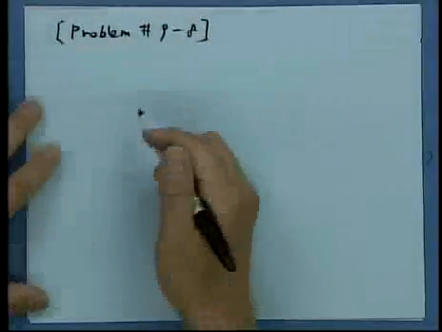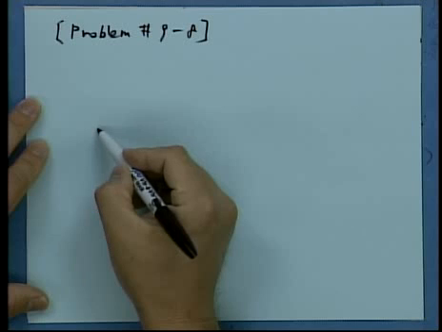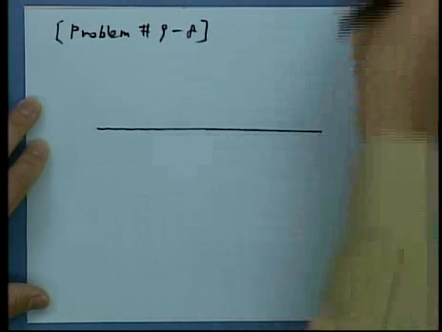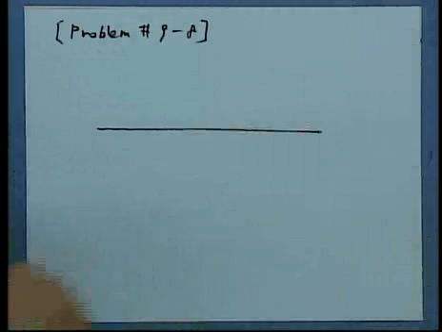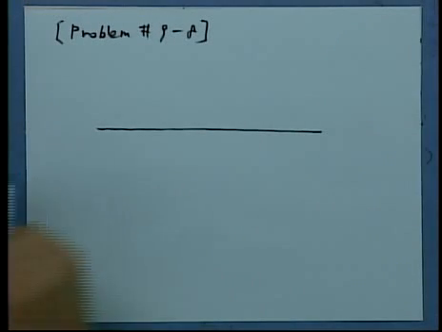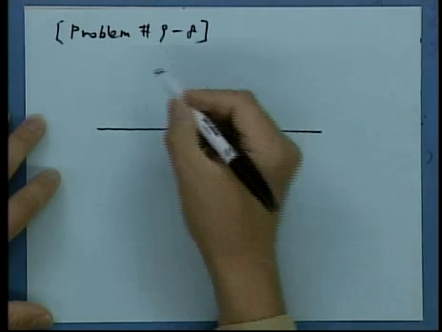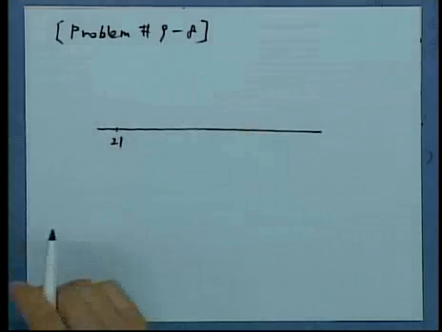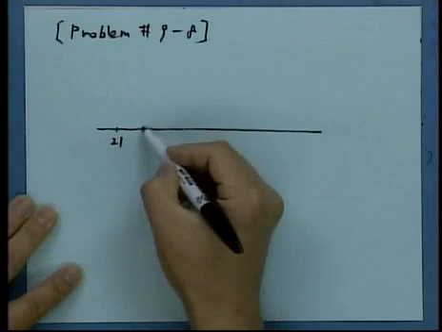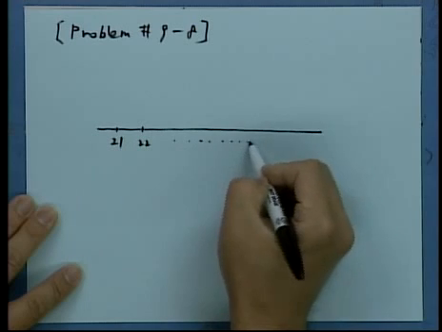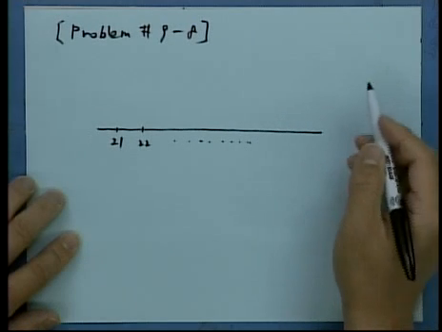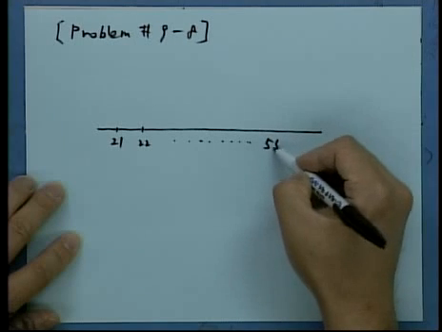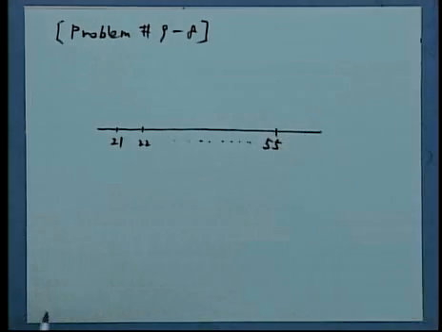Okay. So the student sets aside $100 on his 21st birthday for investment. So starting from the 21st birthday until his 55th birthday, we have 55 somewhere here.